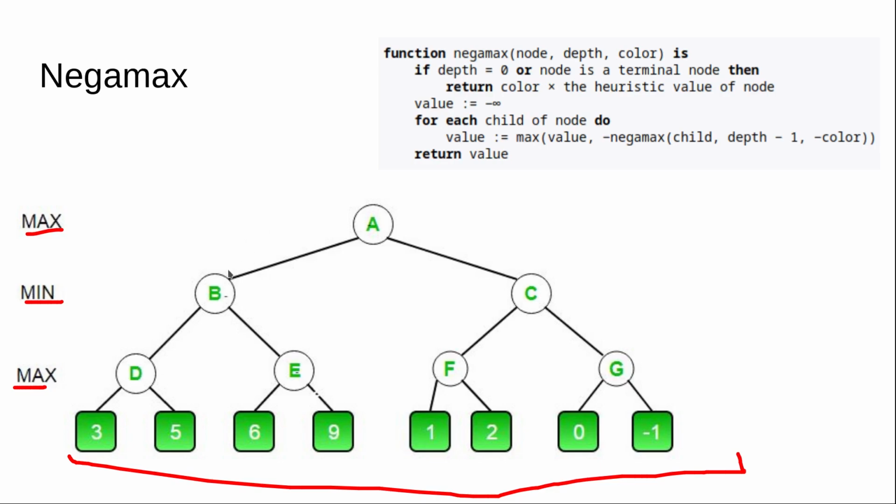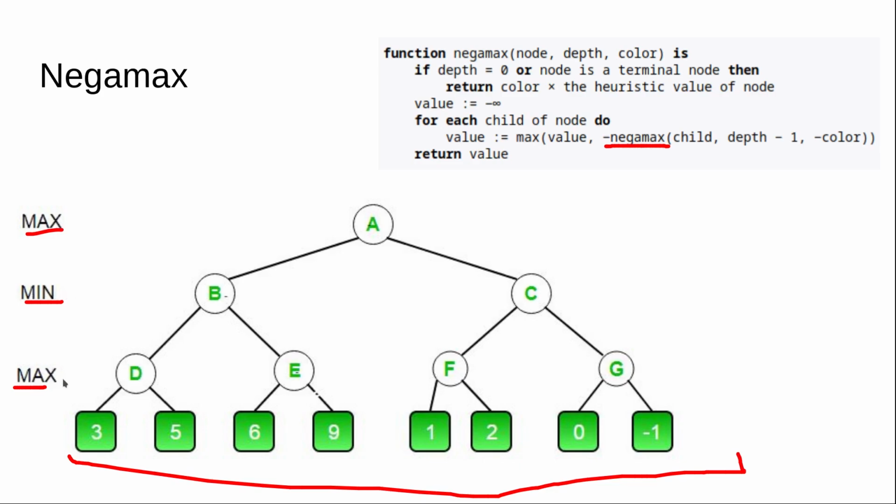So we return the value as negative because these types of games are alternate games. So if we have a maximizing player playing, then we would have a minimizing player after that, and then the maximizing player.